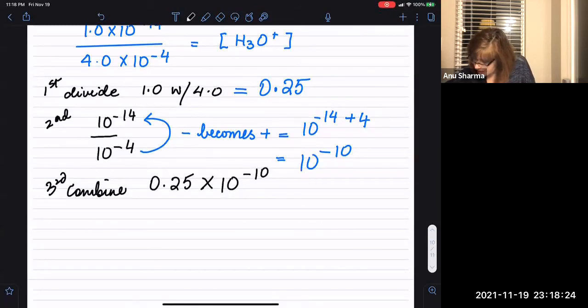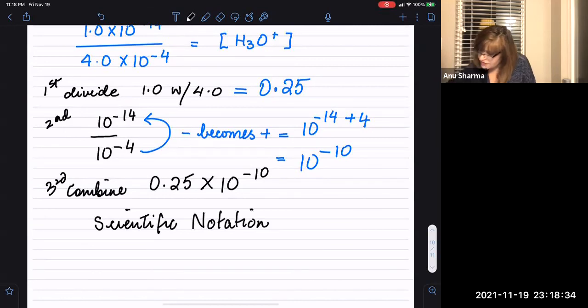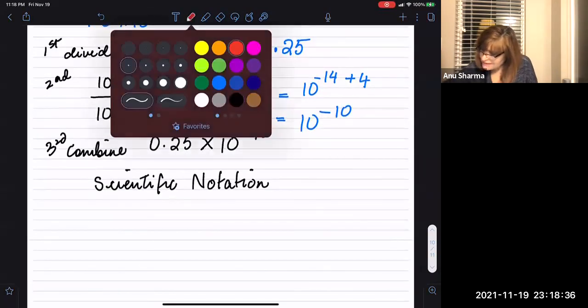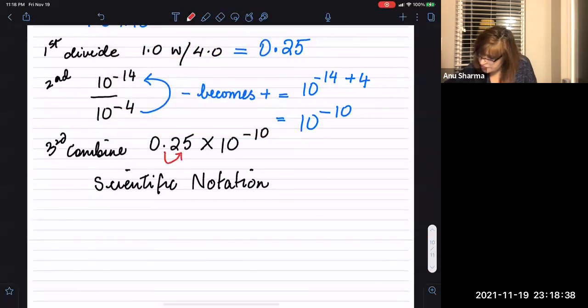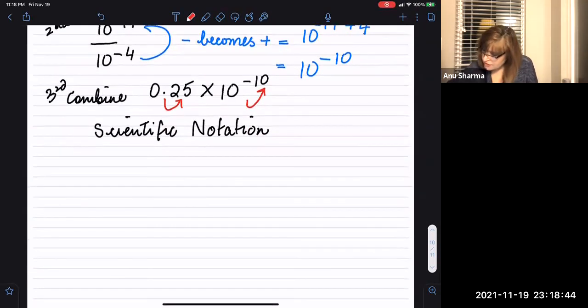What is the scientific notation here? In scientific notation, you take this and move it one place, and then the exponent also changes.